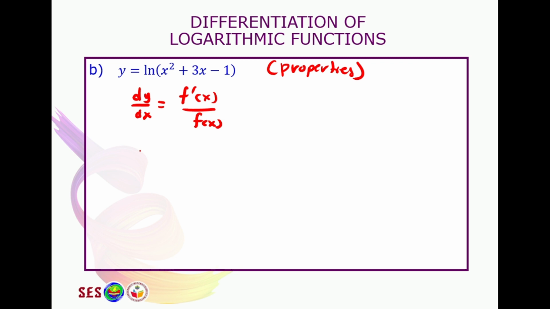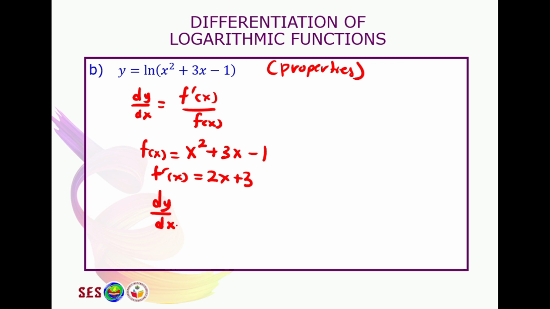Our f(x) is equal to x squared plus 3x minus 1, and our f prime x is equal to 2x plus 3. Just substitute into the formula: f prime is 2x plus 3 over our f(x), x squared plus 3x minus 1. This will be our answer.